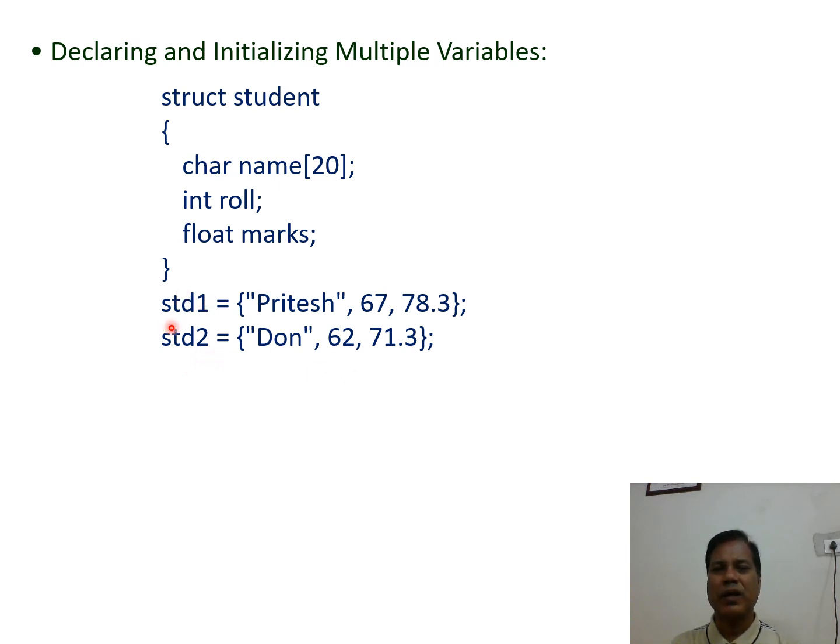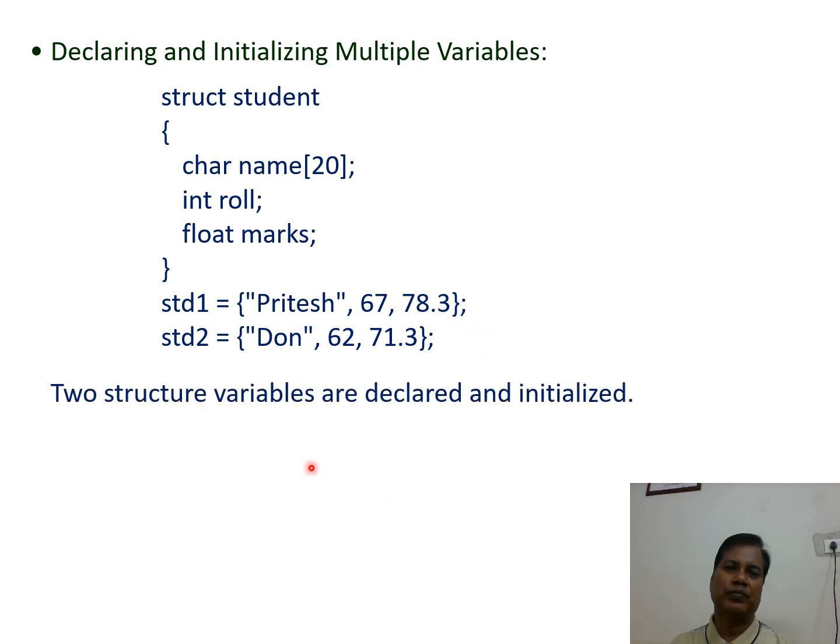Simultaneously, these structure variables are initialized using the assignment operator, and in open and close braces, writing the name of the student, roll number and their marks. Two structure variables are declared and initialized.